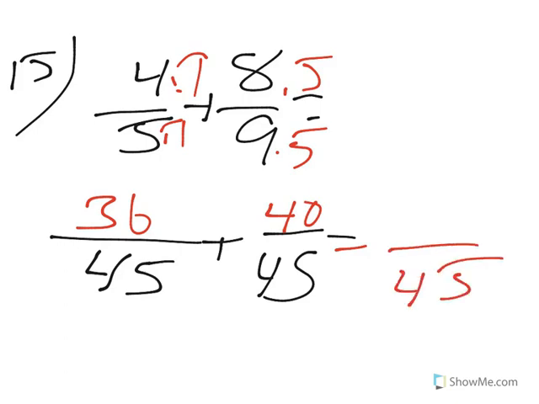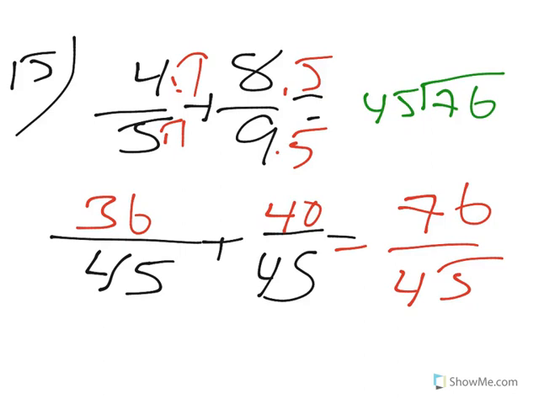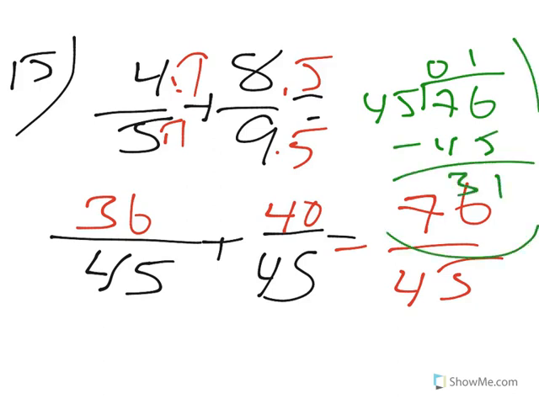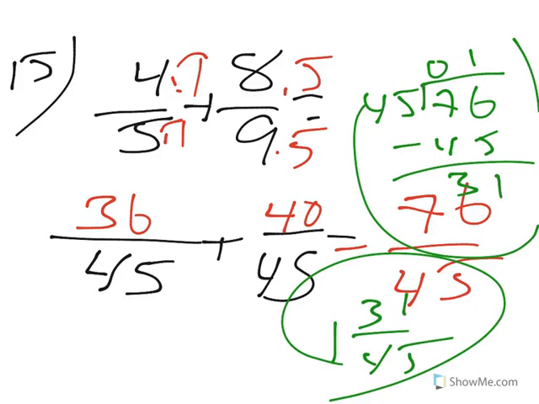I'm going to add my numerators. 40 plus 36 is 76. It's an improper fraction, so I'm going to put it in my division box, and I'm going to divide. 45 does not go into 7, but 45 goes into 76 one time. I subtract. I get 31. I go clockwise, so my answer is 1 and 31/45.